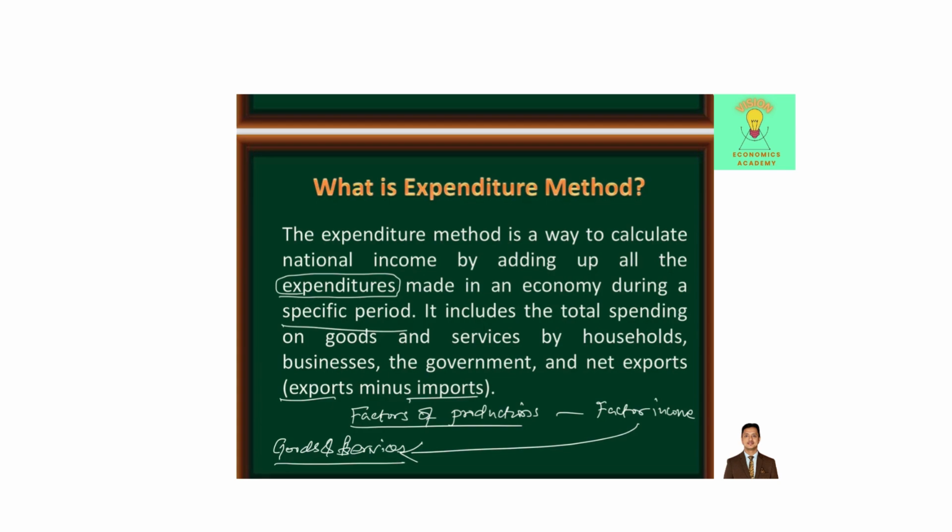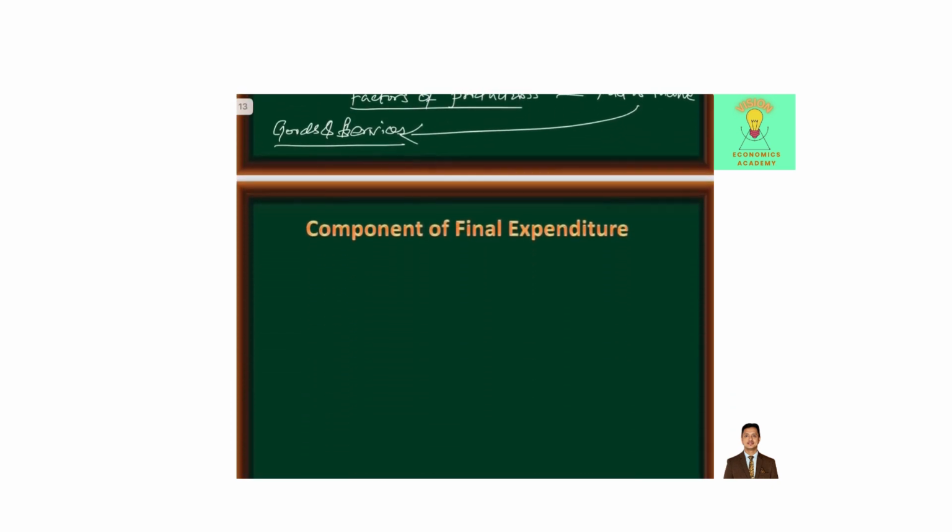Now, what are the components of the expenditure method? The components of final expenditure are, first, private final consumption expenditure. I'll explain each of these terms as we proceed.